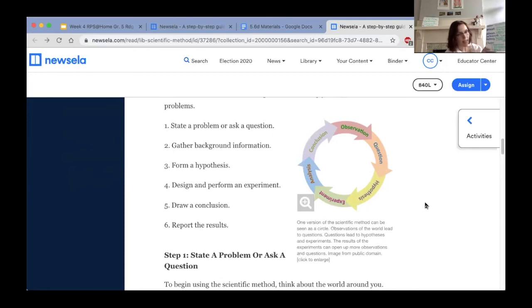I'm abbreviating, writing hypo. Our 4th step is to actually conduct the experiment. So design and conduct. Our 5th step is to make a conclusion. The special word for this is conclude. And our final step is to publish our results, to put it out there, the report.